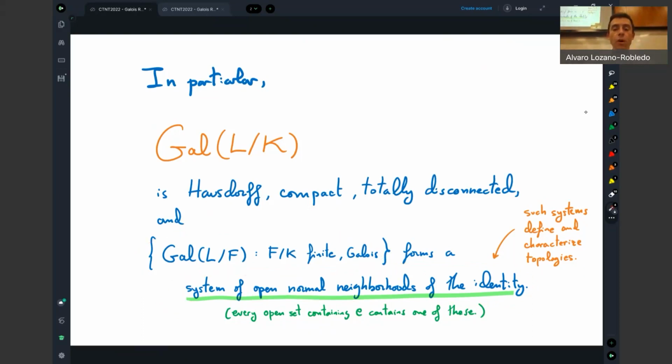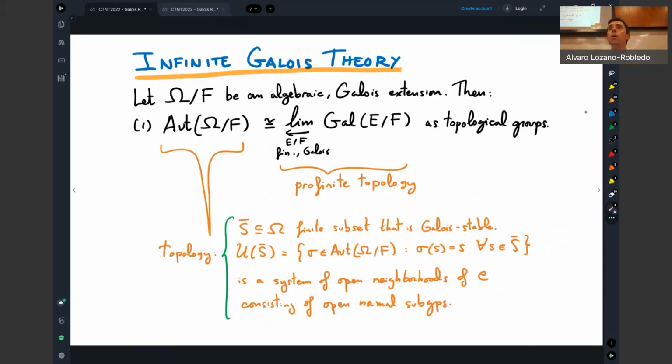Very good. So we know a bit about the topology now, and this is the theorem, which I'm not going to prove. Keith Conrad, two years ago, I think, during the online CTNT, had a course on infinite Galois theory.